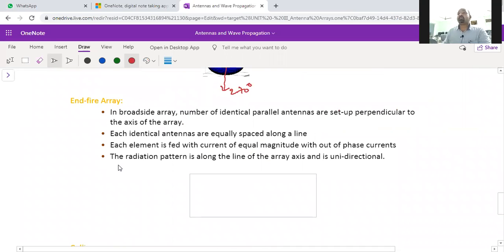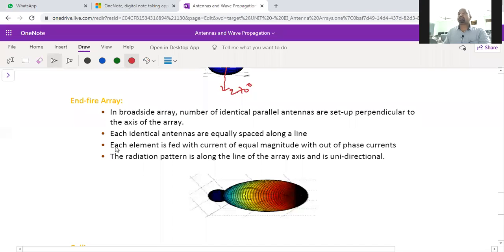So end-fire array is exactly opposite, right? The arrangement is the same. In an end-fire array, a number of identical parallel antennas are set up perpendicular to the axis of the array, same as in a broadside array.